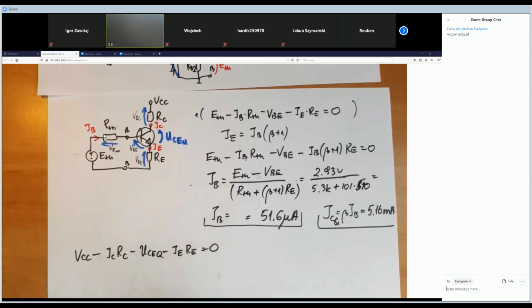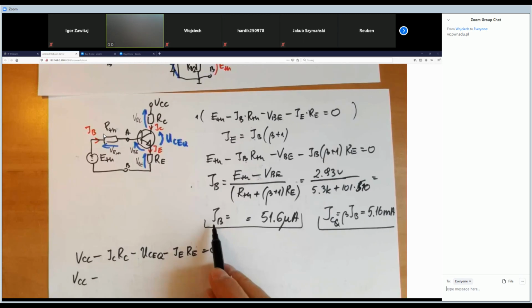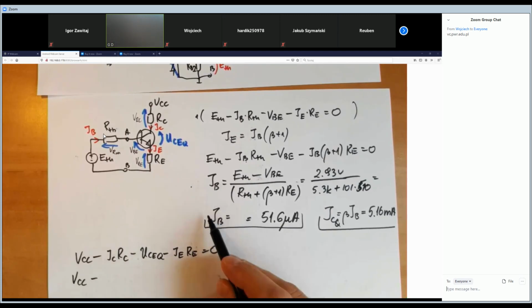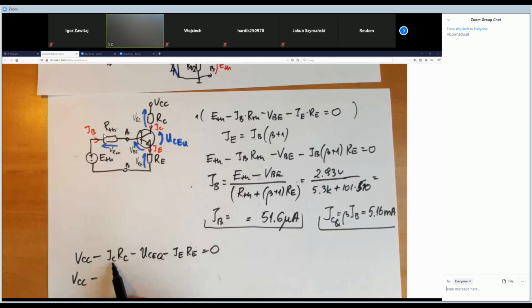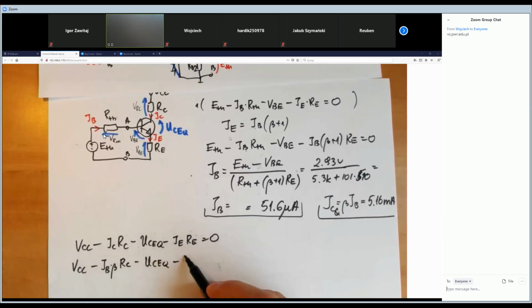And again, we know the ICQ current, so IC is given. We know what the beta is. So it depends on us how we can calculate them. We can choose that form based only on the base current. IC is IB times beta, RC minus UCQ minus IE, which is IB times (beta plus 1) times RE.